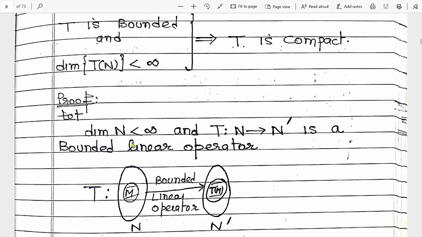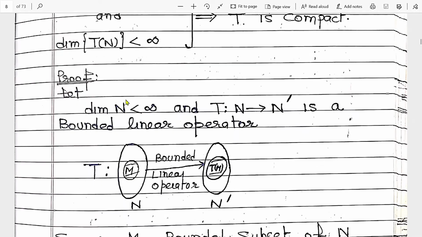Now, I take the dimension of N' to be less than infinity, and T from N to N' is a bounded linear operator.